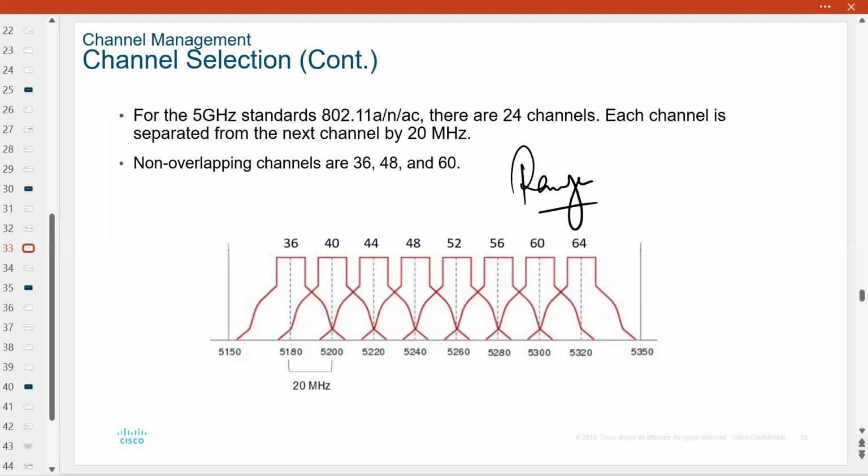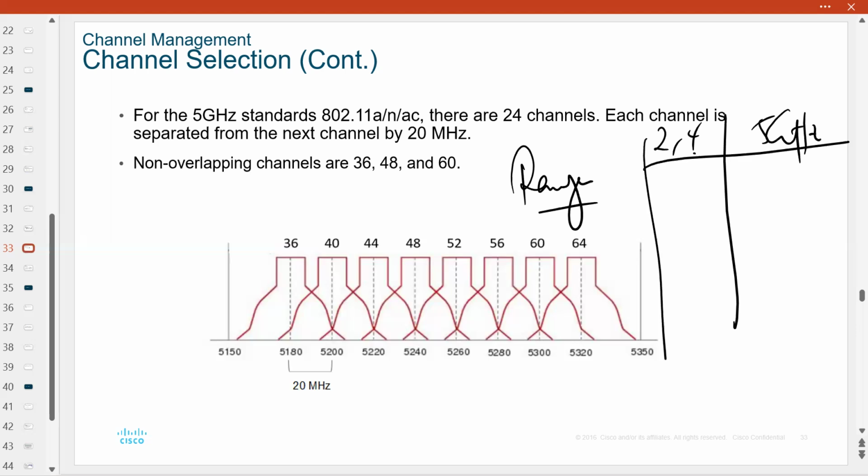It is very important to know the difference between these two and where to apply them. Why does 2.4 offer more range? Because of the frequencies, they have larger wavelengths. With the larger wavelengths, it means we have more penetration. They can go through walls, through your doors, through your furniture. The 5 gigahertz has less range because of the high frequencies and low wavelengths.